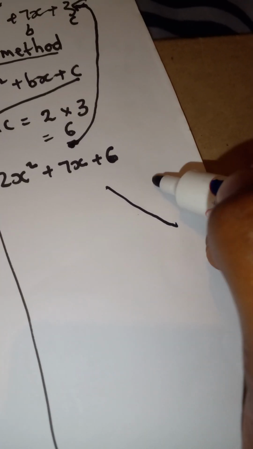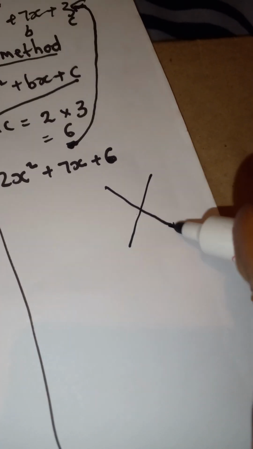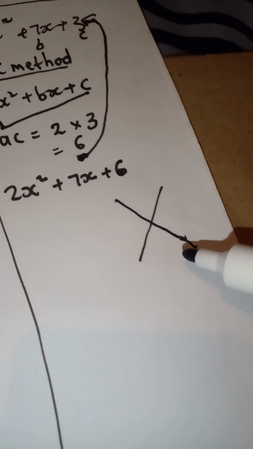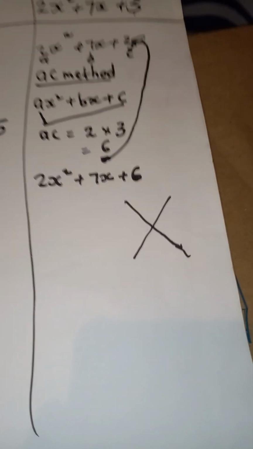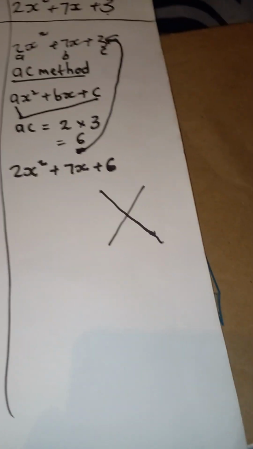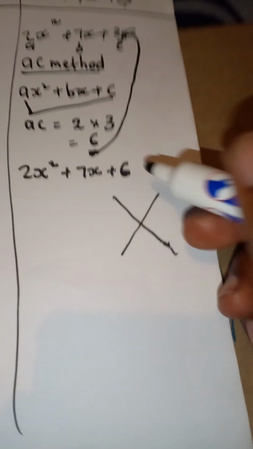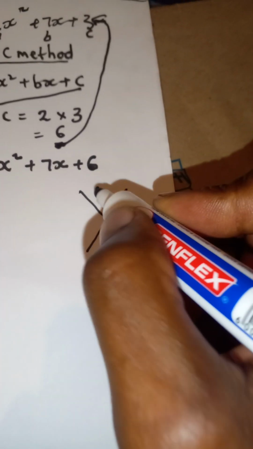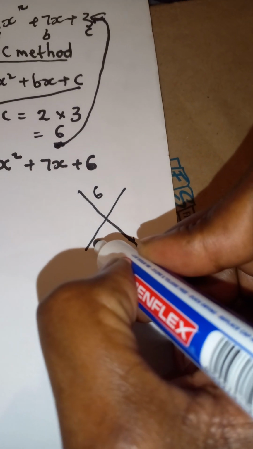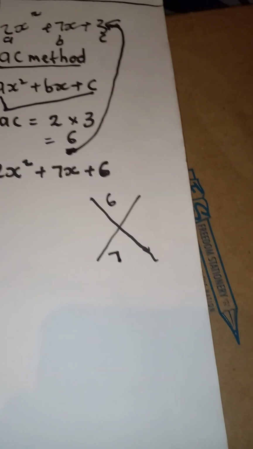Then you can now, guys, use this cross. I always use this cross. It makes it very easy, very reliable, and easy to understand. So here you're going to put in the value of c, which is 6. Then here you put in the value of b, which is our 7.